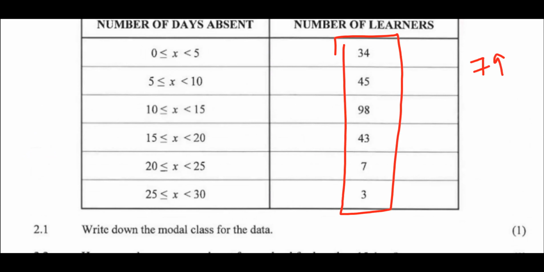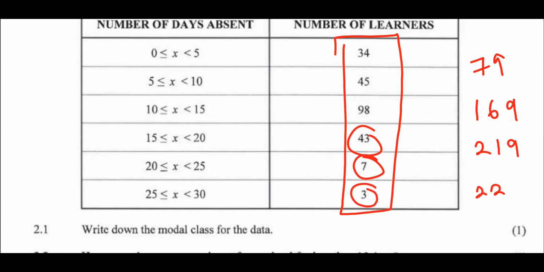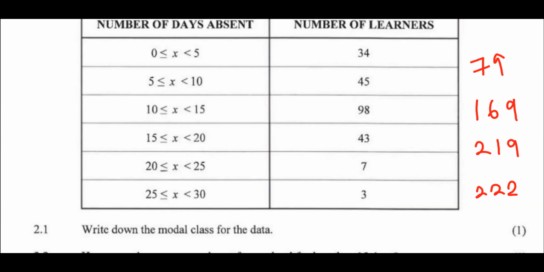And if we add that to 98, that should be 169. If you then add the 43 and the 7, which is 50, that should be 219. And then you add the 3, it's 222. You do not have to do this manually. I feel like it would be better if you just use the calculator.